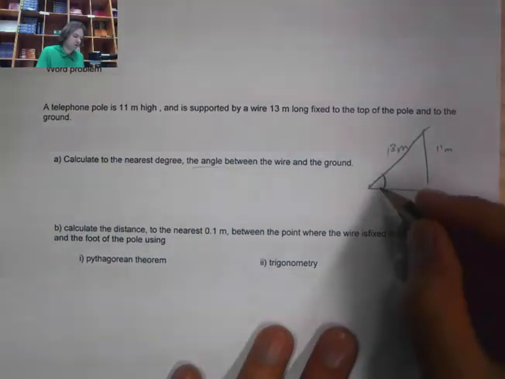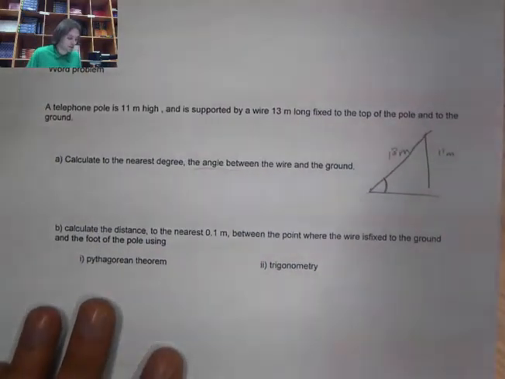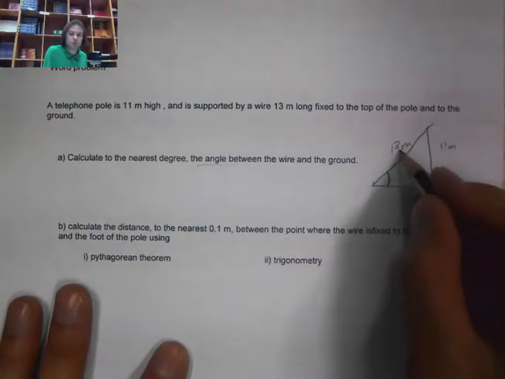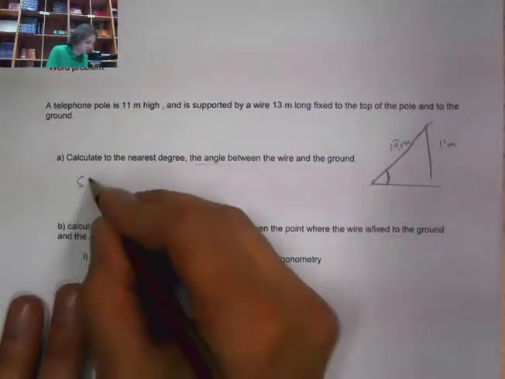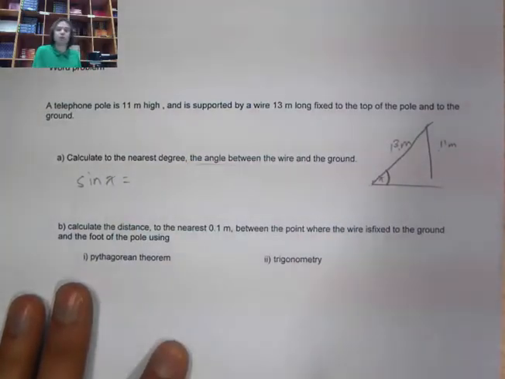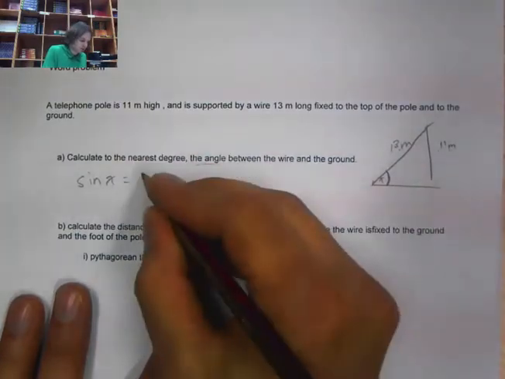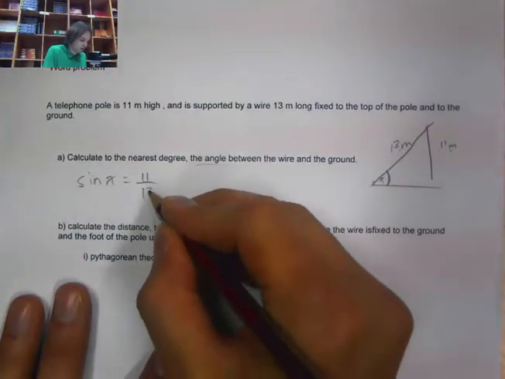The wire and the ground, that's going to be my angle of elevation. Well, let's take a look at that. I know my hypotenuse and my opposite, so I'm going to use sine. I'm going to call this angle x. Sine x is equal to opposite 11 divided by my hypotenuse, which is 13.